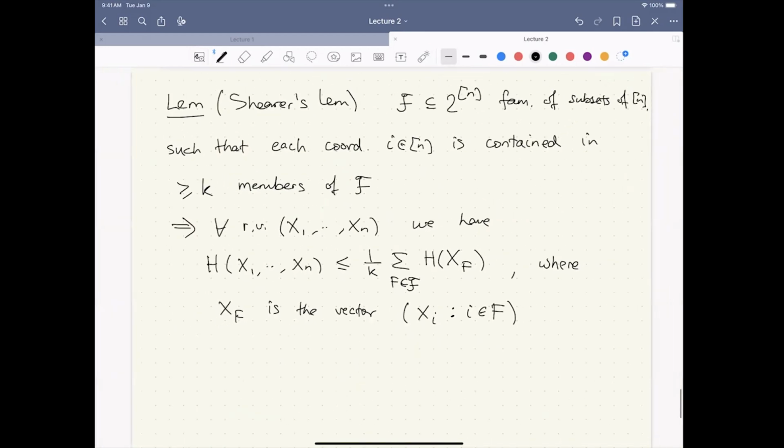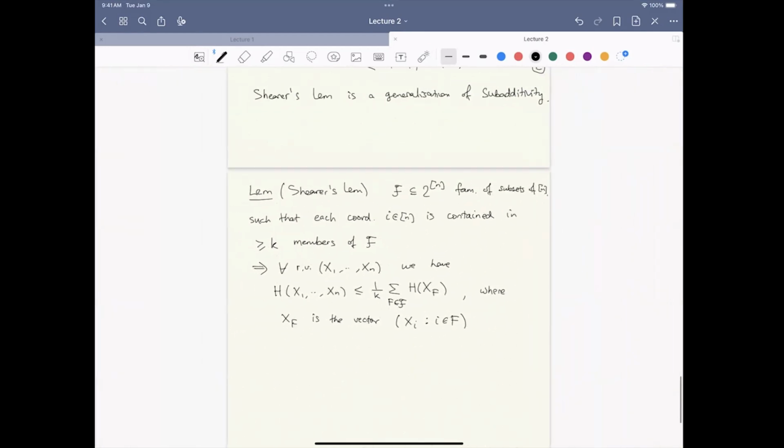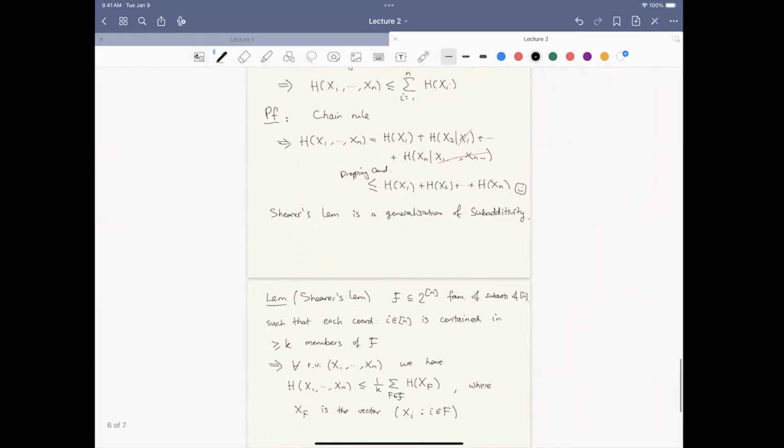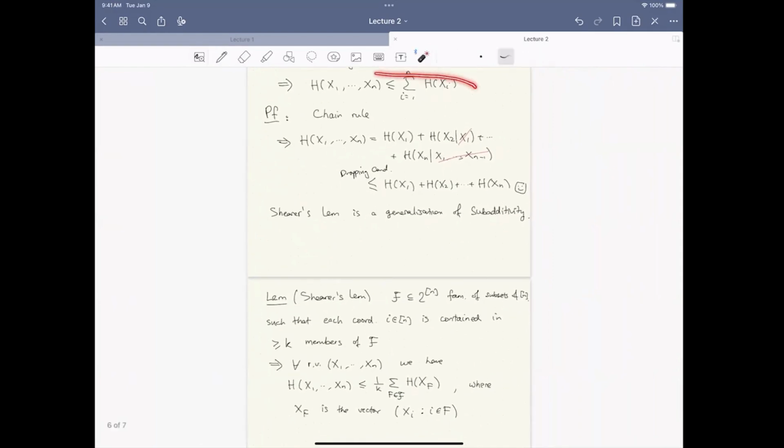First of all, let's see why Shearer's lemma is a generalization of this subadditivity. Well, if I take F to be the singletons 1, 2, to n, these are my sets in F. Then every coordinate of [n] is contained in at least one member of F, correct?